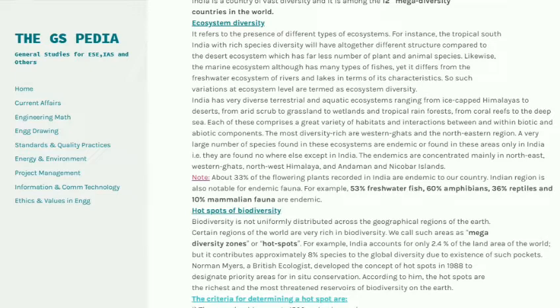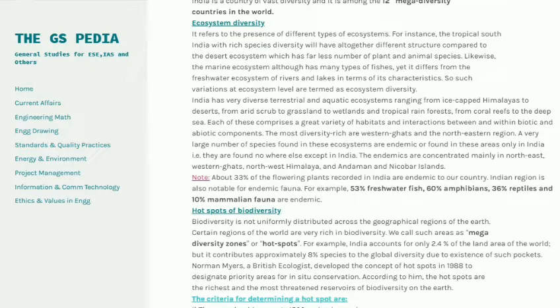Hotspots of biodiversity. Biodiversity is not uniformly distributed across the geographical regions of the Earth. Certain regions of the world are very rich in biodiversity. We call such areas megadiversity zones or hotspots.